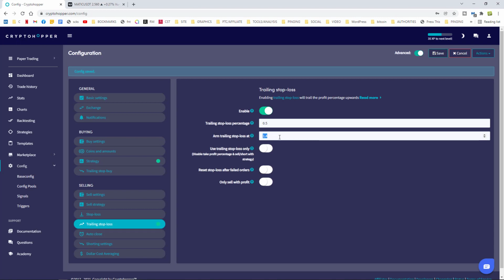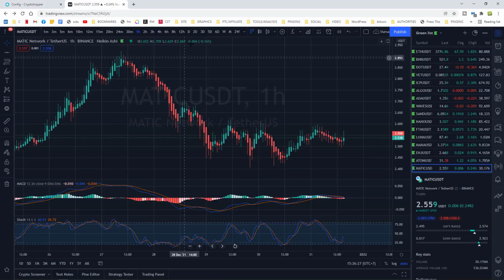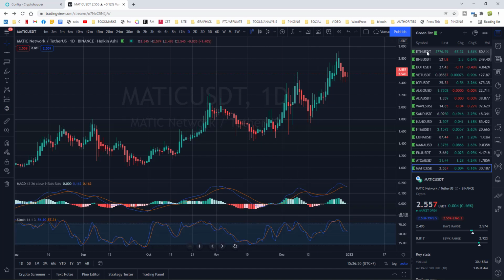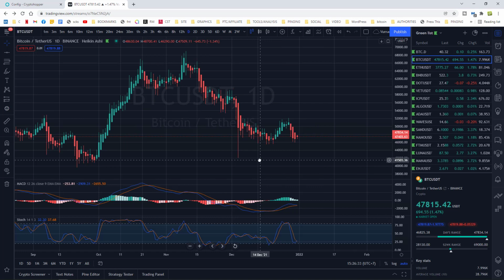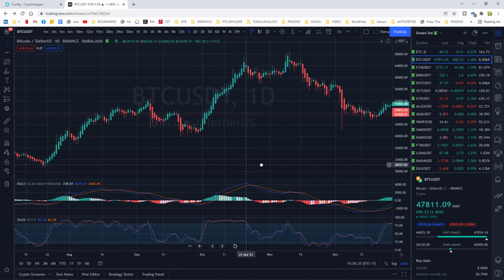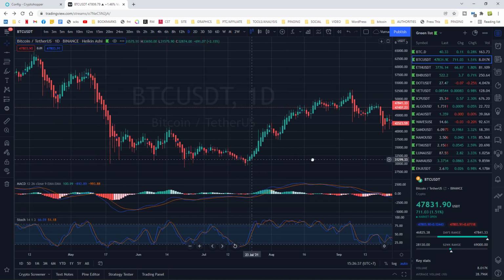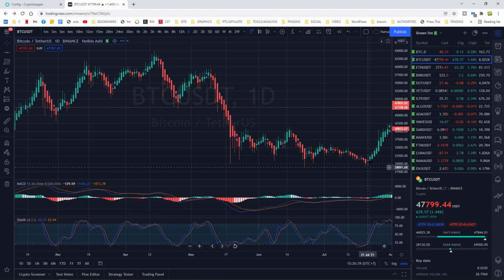Now I like to set it up with a minimum of 3 and around about 1. Sometimes if Bitcoin is really, really bullish, let's have a look. Let's say we're down here, and everything's looking super bullish on the 1 day, and we've come down and we think the bottom is in.